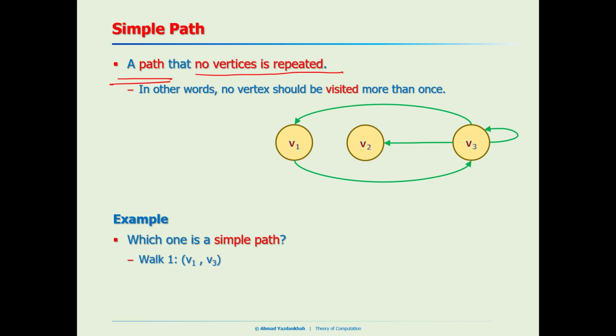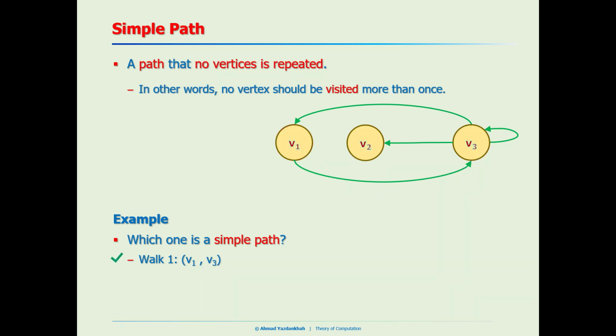Pay attention that it should be first a path, then we talk about whether it is a simple path or not. Okay, V1 to V3, it's just one edge and no vertex is repeated, right? This was visited only once, so this is a simple path, definitely.